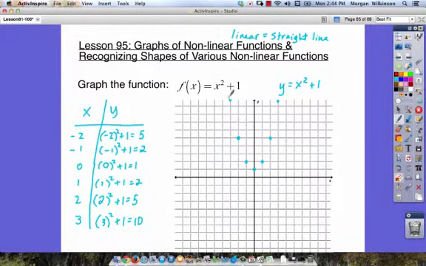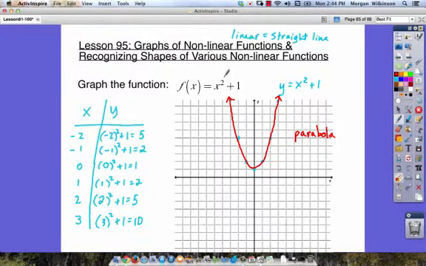So we can now go ahead and plot this. And what we'll see is that any function like this is going to be a parabola. A parabola is like a smiley face, and a parabola can open up or it can open down.